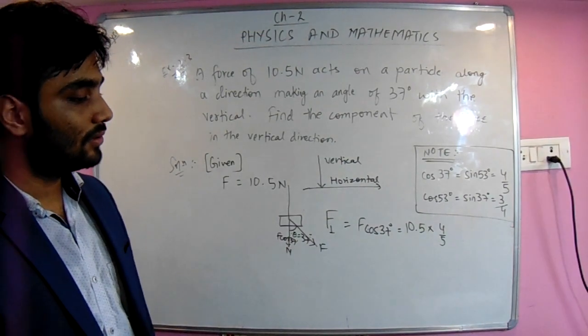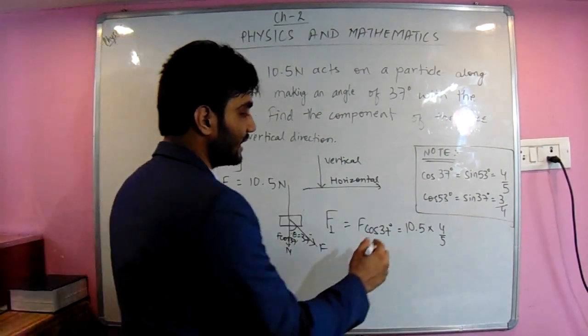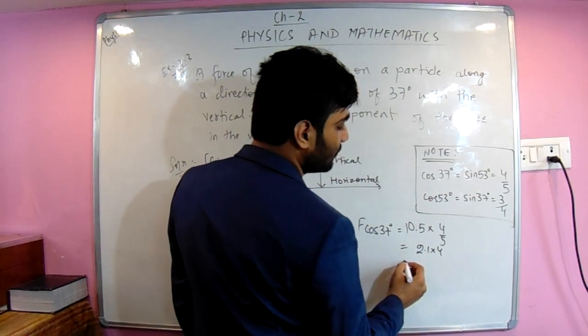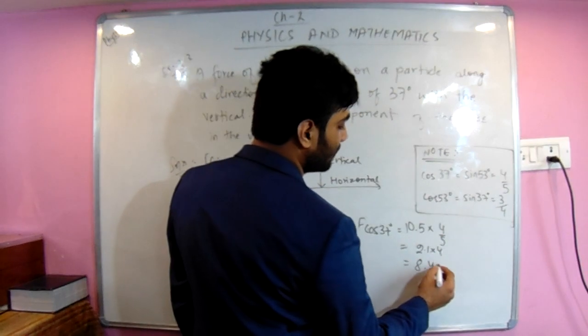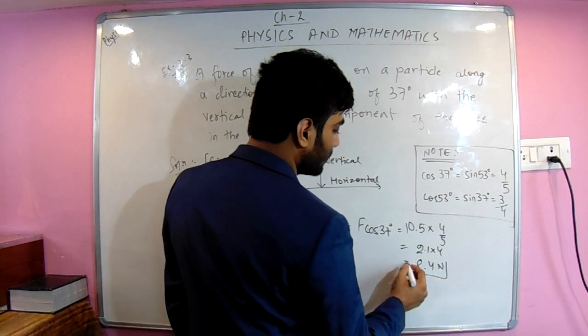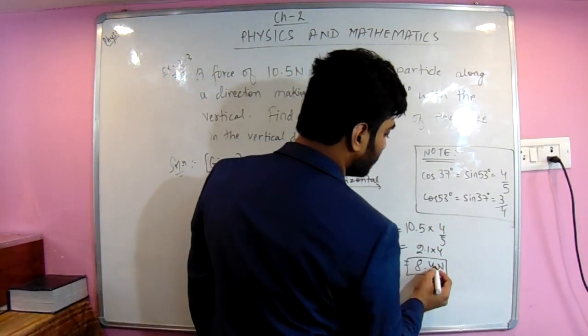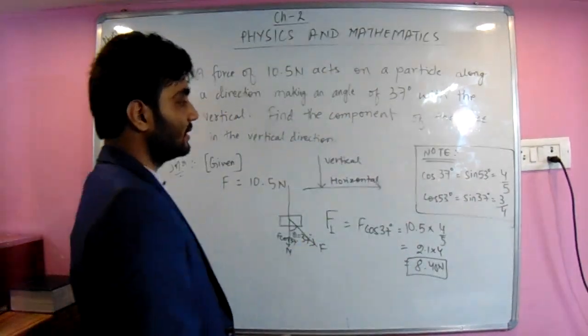Cos 37 is equal to 4 by 5, and it can be solved, that is 2.1 into 4 is 8.4 Newton. 8.4 Newton, or you can also write 8.40 Newton.